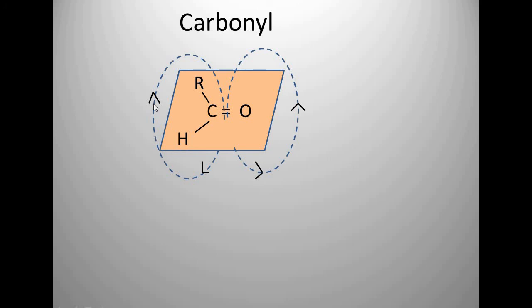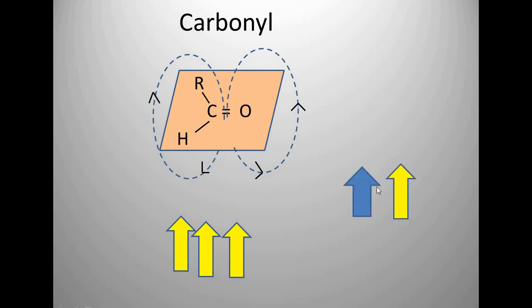This proton experiences an upward magnetic field because it is positioned at the corner of the plane, and the induced magnetic field direction is upward, and the external magnetic field is also in the upward direction. So we can say that the induced magnetic field and external magnetic field are parallel to each other, and as they are parallel, it shows the de-shielding effect.